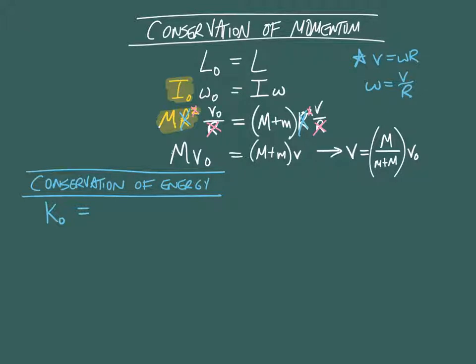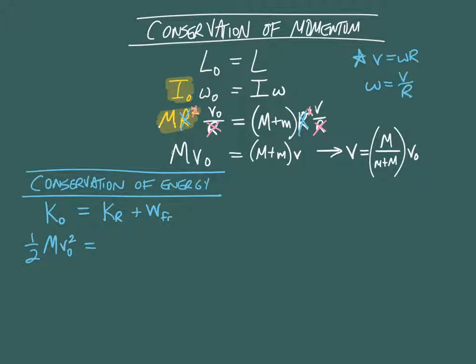So that's going to be a half mass of skater, initial speed squared. Then all of that goes into the kinetic energy of rotation of that ring, plus the work done by friction.